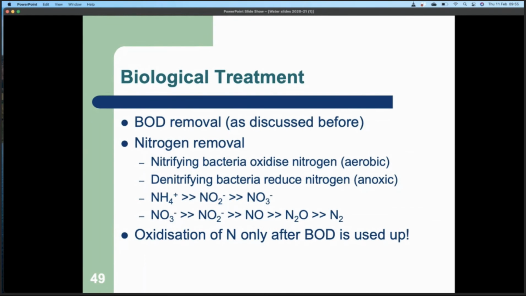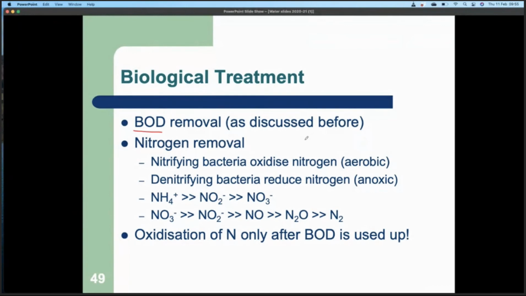Going back over the biological treatment, what it does is primarily BOD removal. That's the main aim why it was introduced all these years ago, that we want to get rid of all the material that has an oxygen demand or generates an oxygen demand that would be negative for the receiving water.